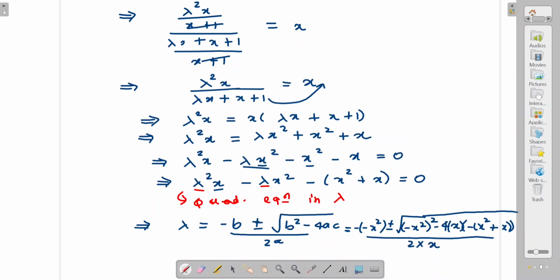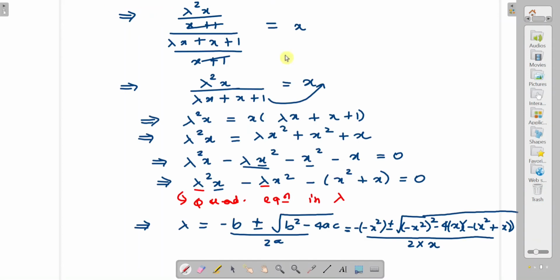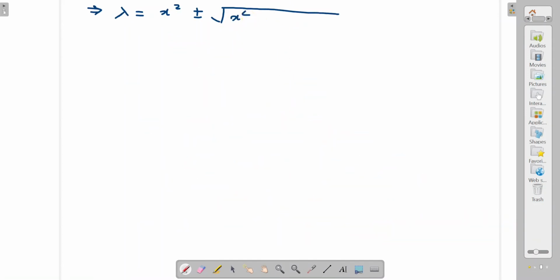So let us simplify it. So lambda is equal to x square plus or minus root of, this is minus x square the whole square, which will be x raised to 4.